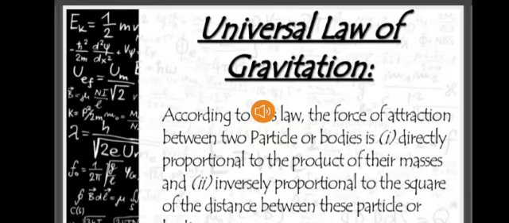That is the universal law of gravitation. Isaac Newton observed that an apple fell from a tree towards the earth. Then he proposed that all the particles or objects in the universe attract each other in the same manner as the earth attracts the apple.